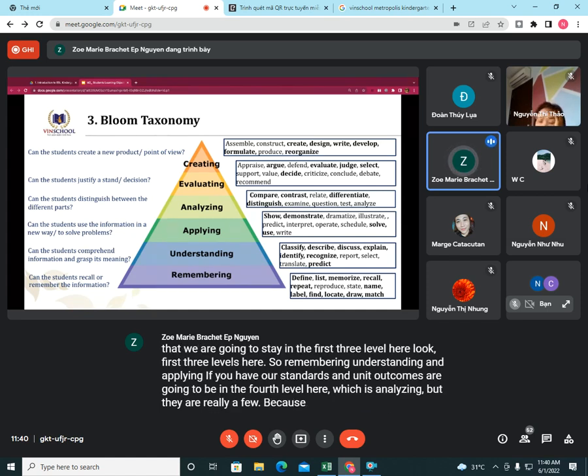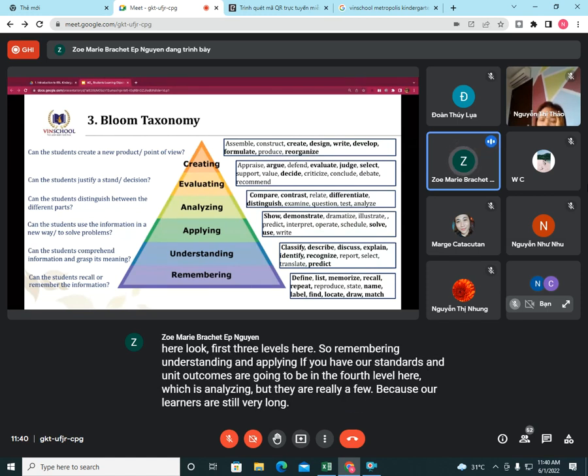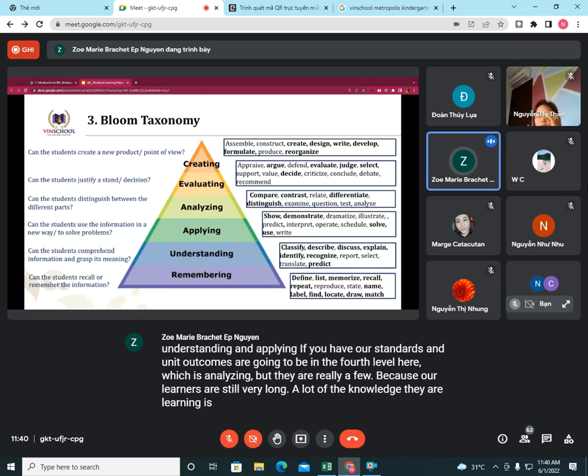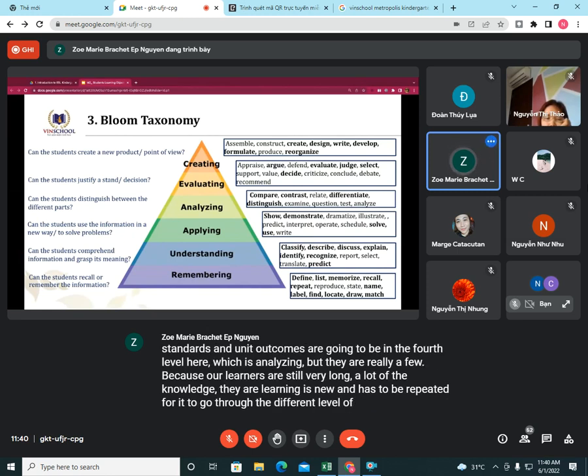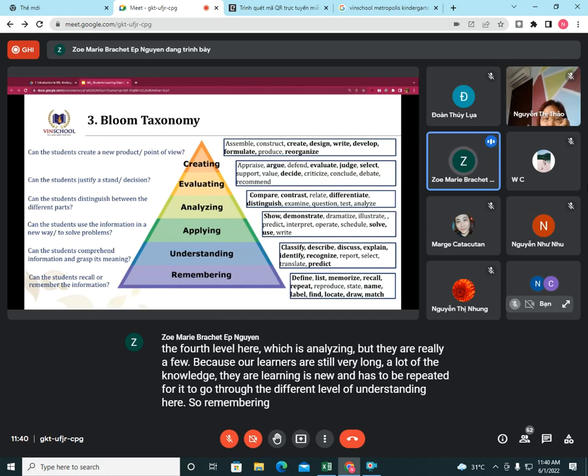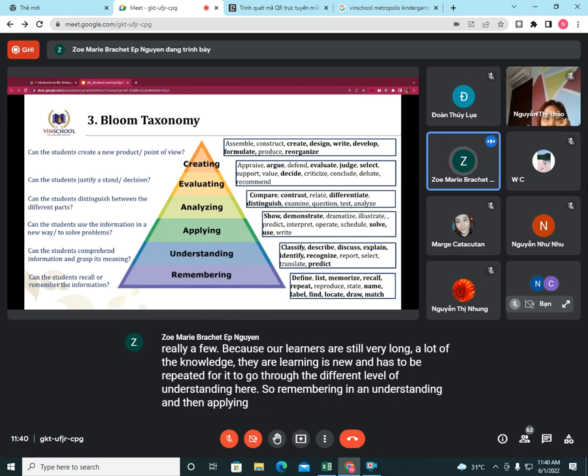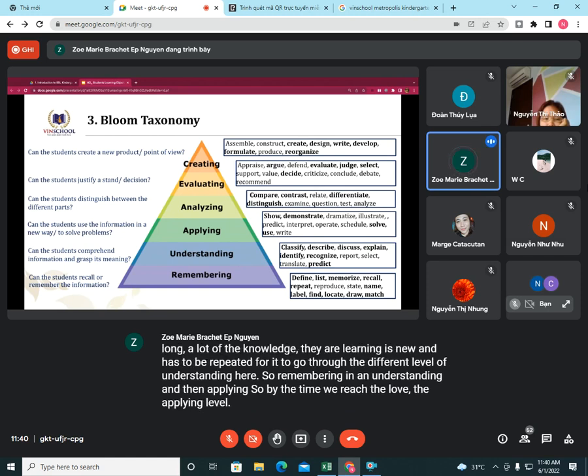Because our learners are still very young, a lot of the knowledge they are learning is new and has to be repeated for it to go through the different levels of understanding here. So remembering and then understanding and then applying. By the time we reach the applying level, most of the learners will progress to primary.